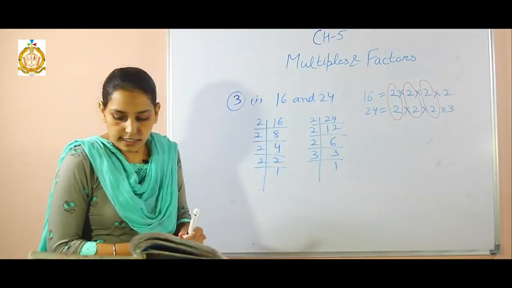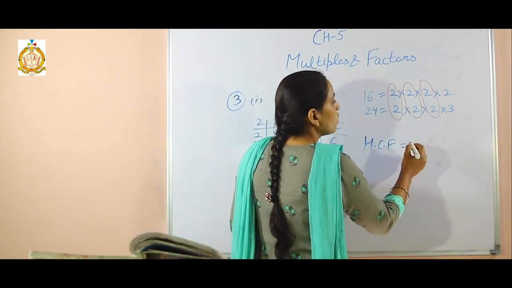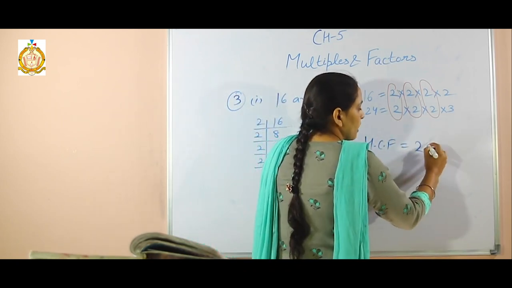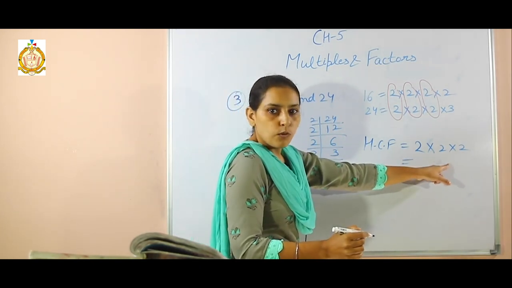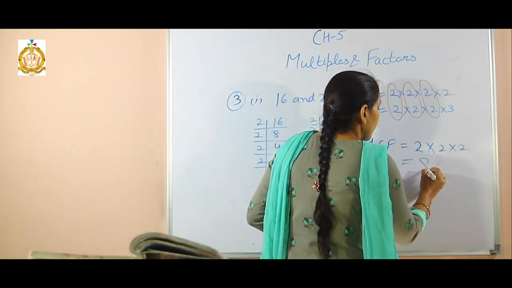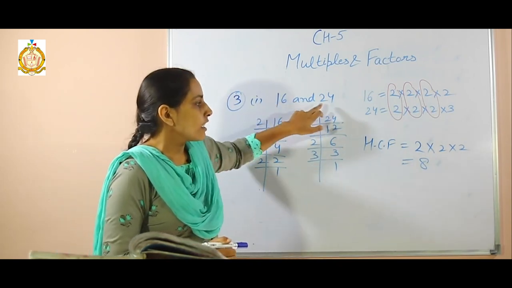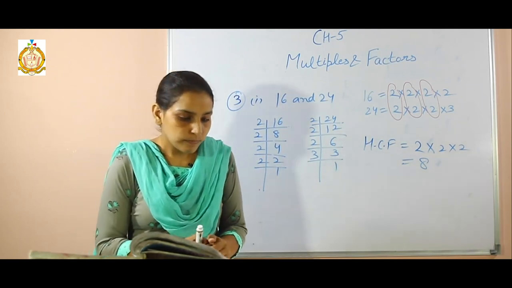That means HCF is equal to how many times 2 is common? 1, 2 and 3. 2 multiplied by 2 is 4 and 4 multiplied by 2 is 8. That means the HCF of 16 and 24 is 8 by prime factorization method.